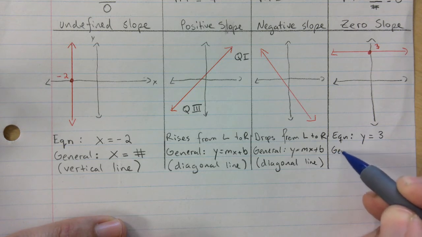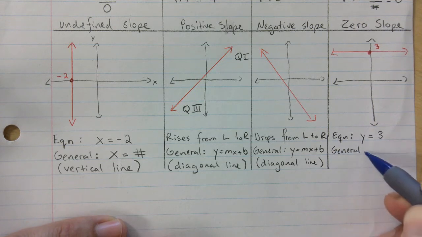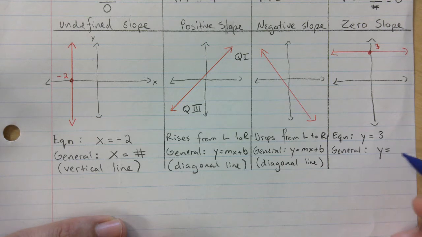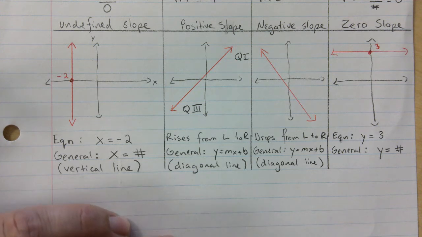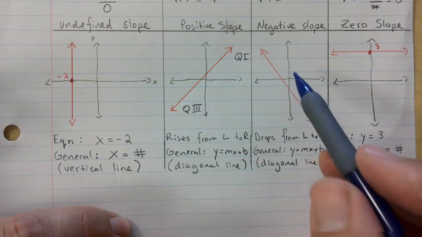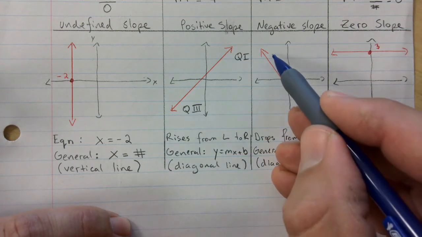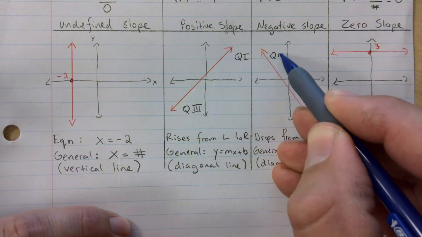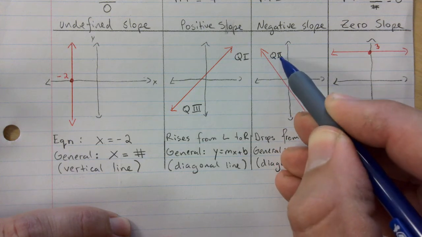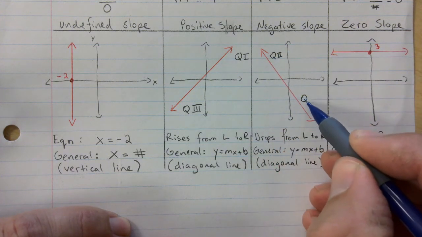So in general, the equation will always be y is equal to a number, and it will be the y-intercept. Should probably add to the negative slope that one end is in quadrant 2, the other one is in quadrant 4.